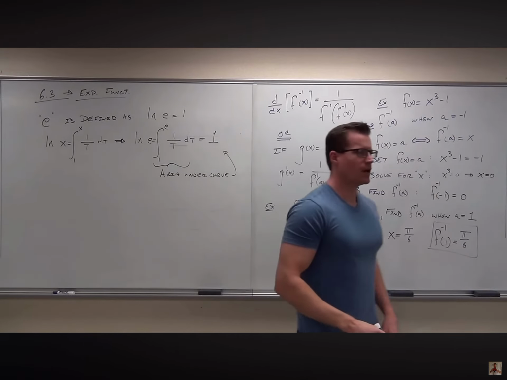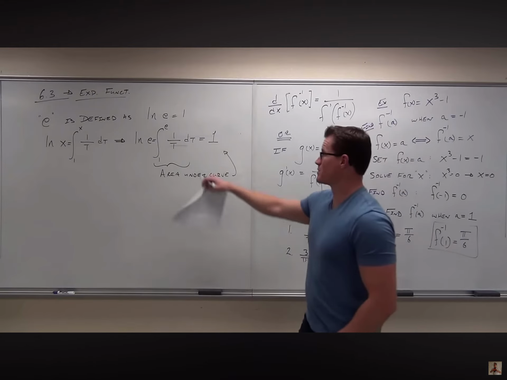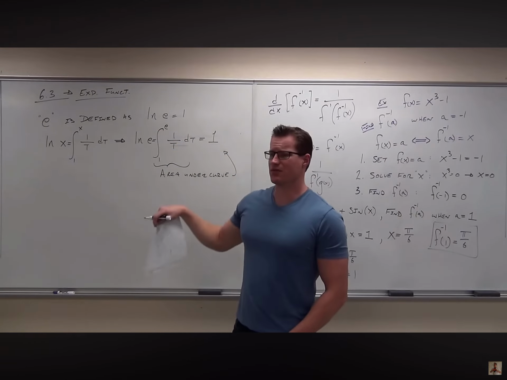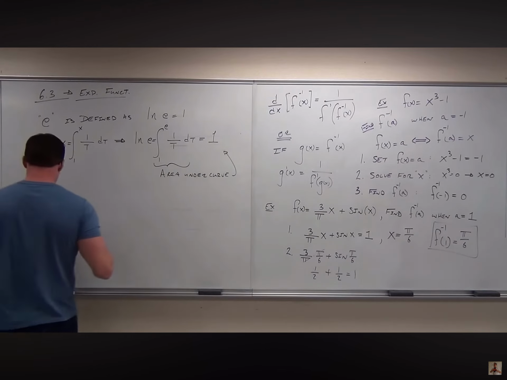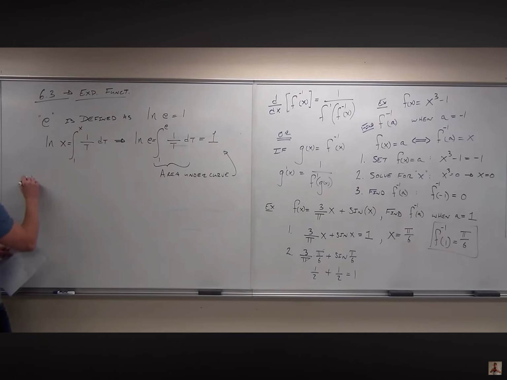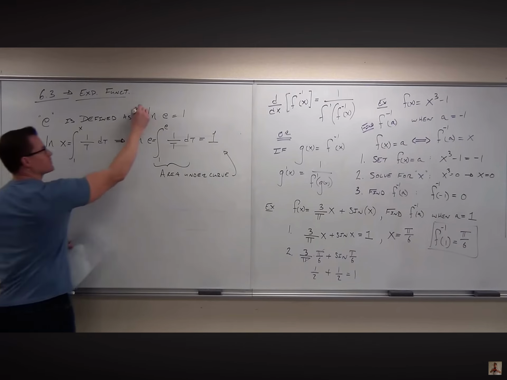So that's another way we can find it. By the way, if you're curious as to whether this number actually exists, by the intermediate value theorem, it has to exist. A little bit of a side note here.